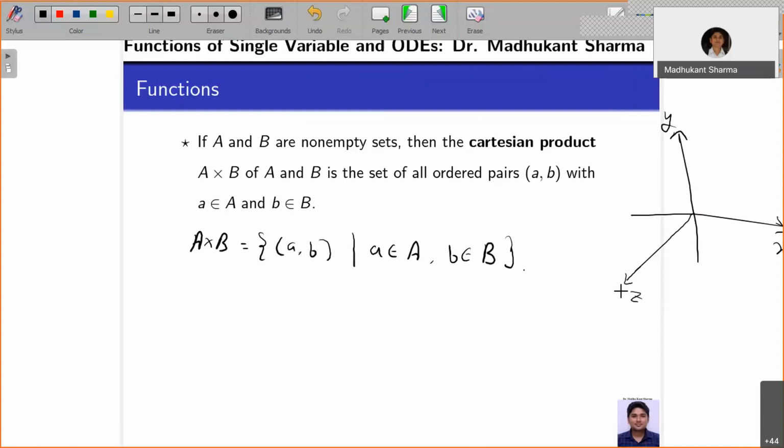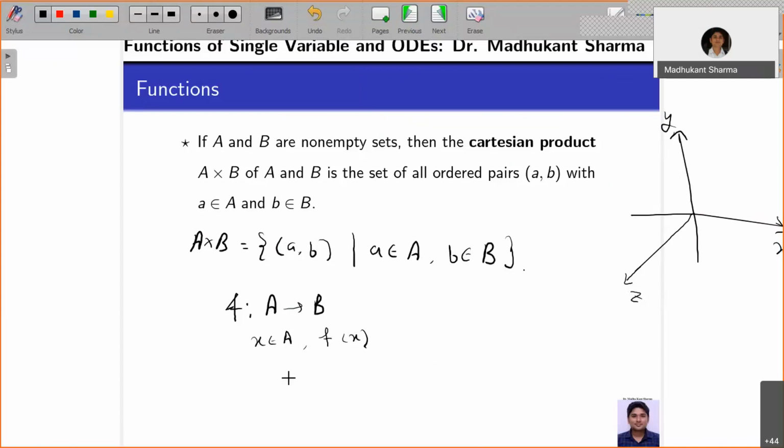Now, how will you use this to define a function? It is as follows. You are going to define a function f from set A to B. When you are defining a function on a set, it should be well defined, meaning it should be defined on each and every element of A. For every X belonging to A, f of X must be defined.